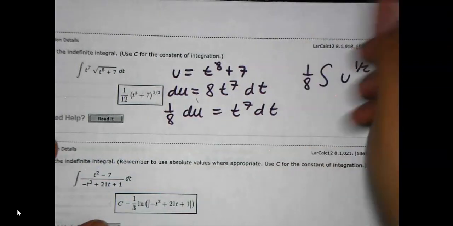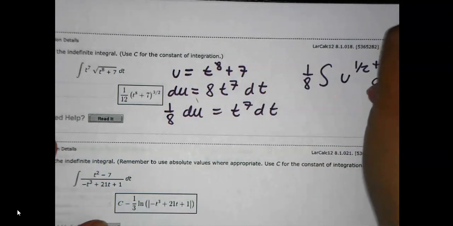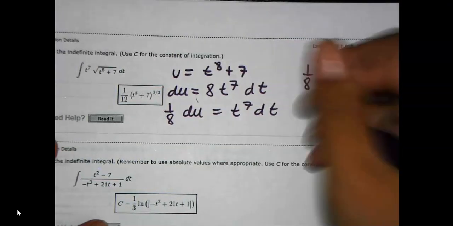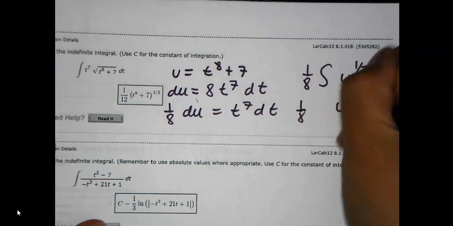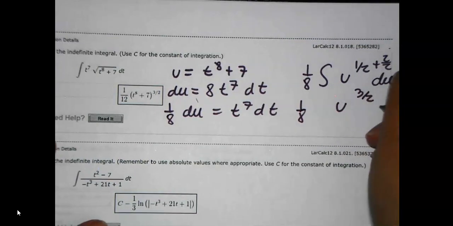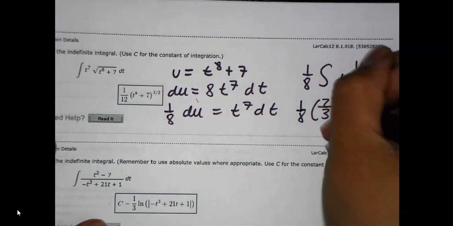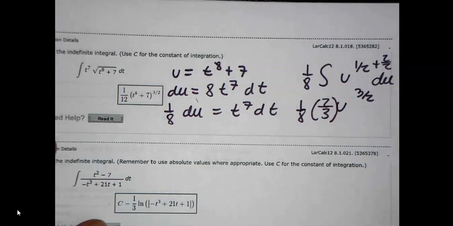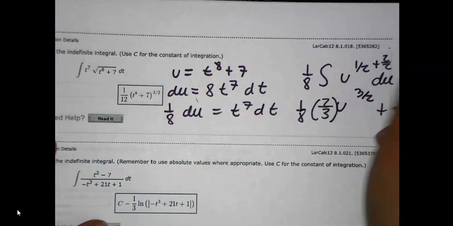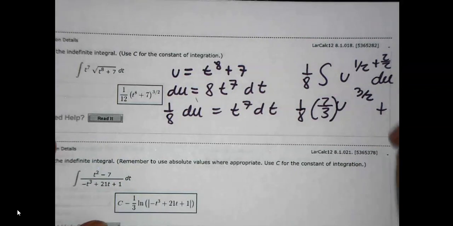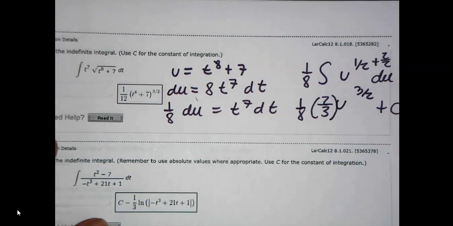So again, like I did earlier on, we add 1, so 3 over 2. We have 1/8 and multiply by the reciprocal, and then a constant of integration. Here they're missing the plus c, but we can add it.